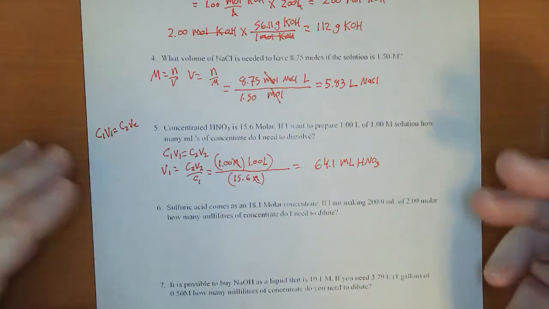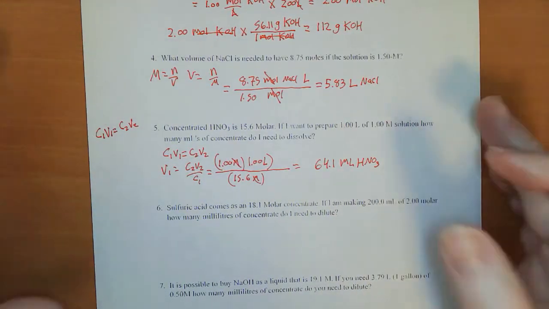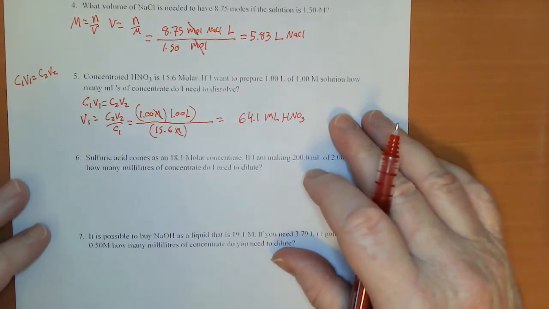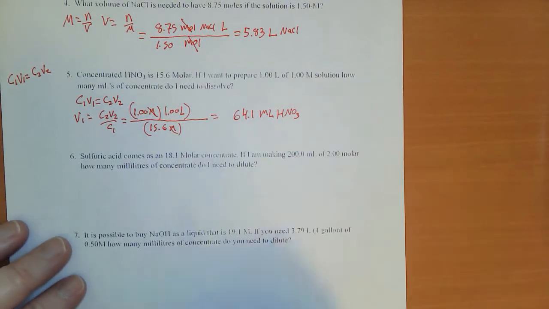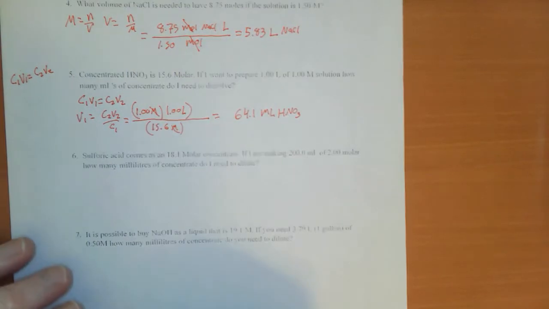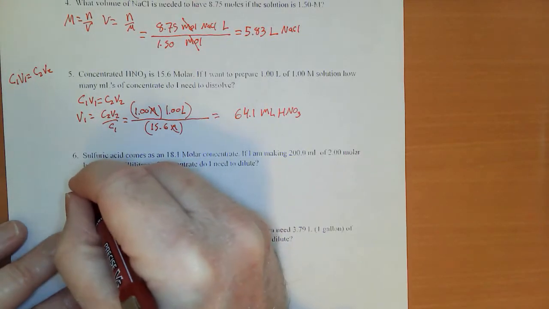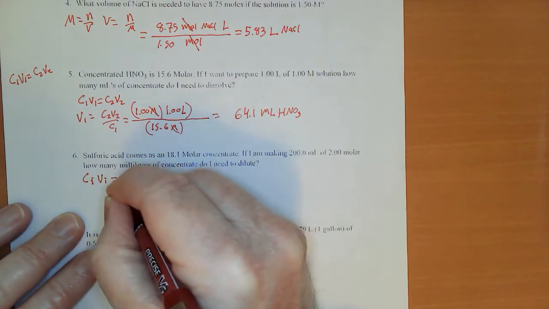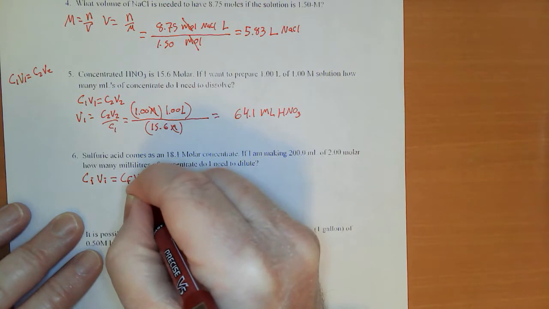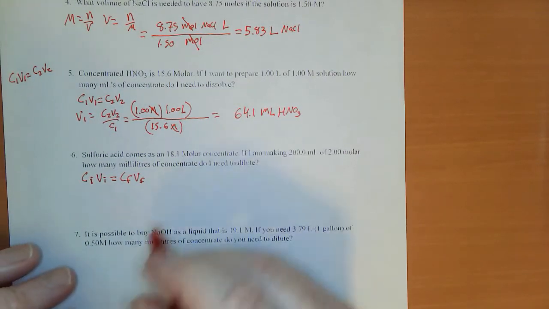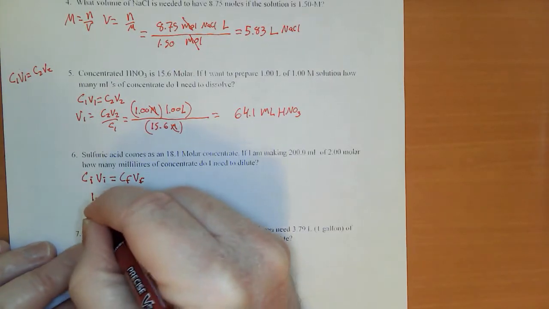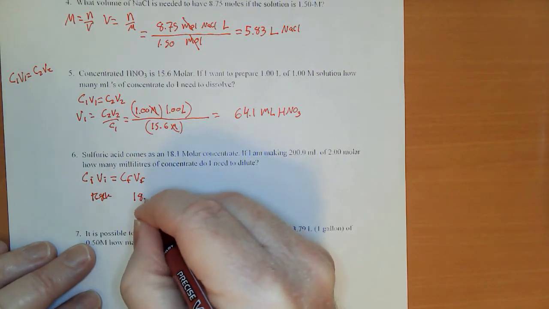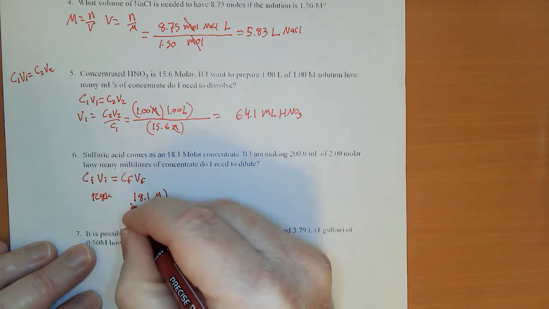Okay. Now, let's do a very, very similar question, but we're going to look at the setup in a slightly different way. This is probably more likely the way your algebra teachers had talked about it. I'll try it as CiVi equals CfVf for initial and final. So my initial concentration is 18.1 molar.